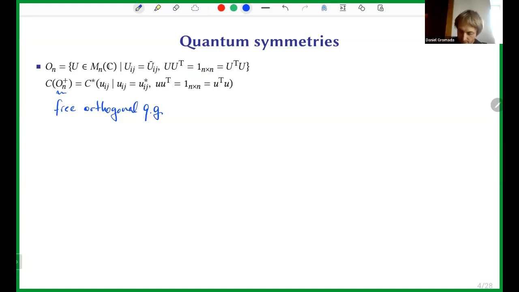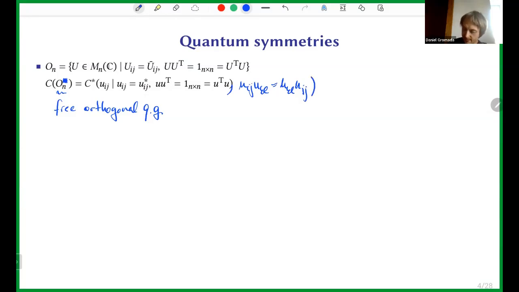And by the way, why do I use this notation? Well, if you studied the algebra of continuous functions over the orthogonal group, which is denoted by C over N, then this would be the same algebra, except that you would, in addition, have commutativity here.